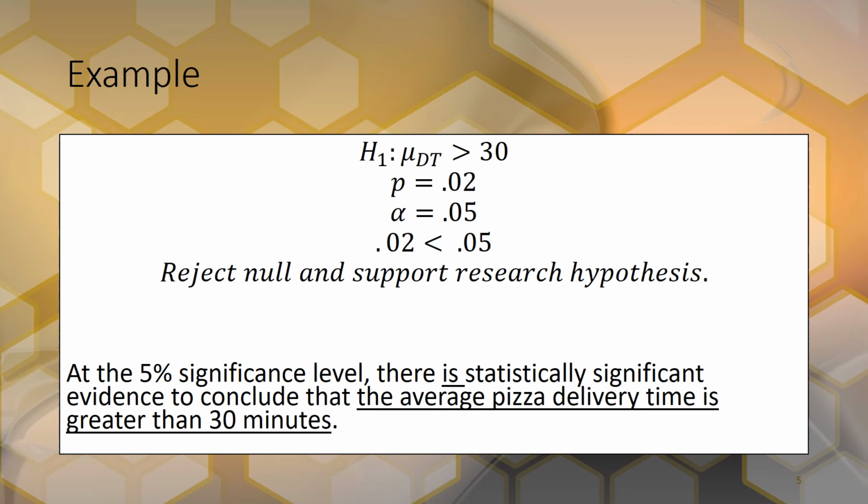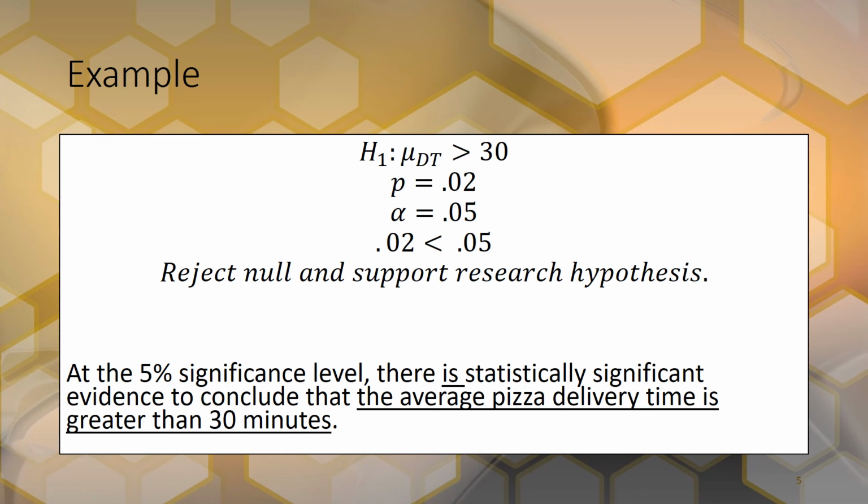We say the average, because we're talking about the population mean. Delivery times, because that was our outcome variable. You want to put that in there. And then you say is greater than, because we had a greater than symbol. And then the 30 minutes. And you want to put units there. So the units for this example is minutes. It's going to be different depending on the problem you do.